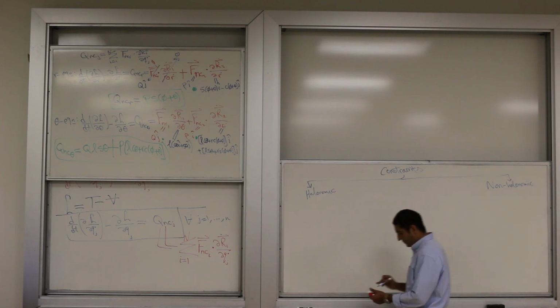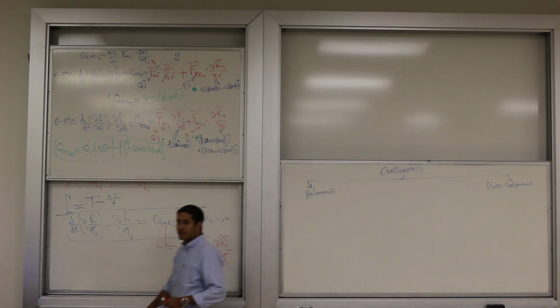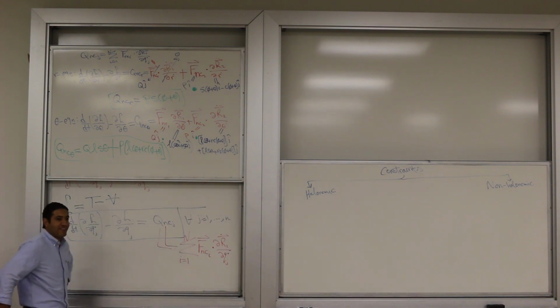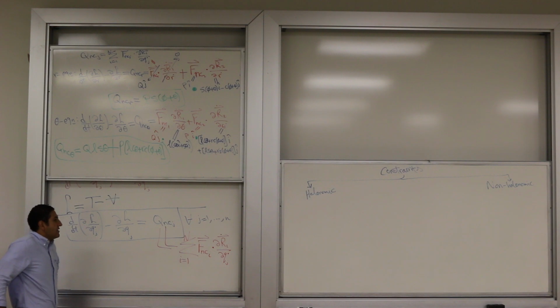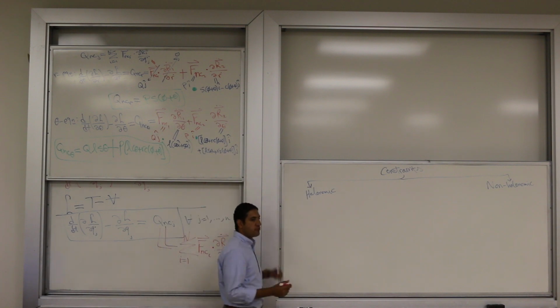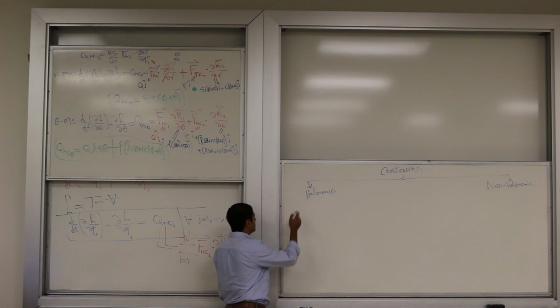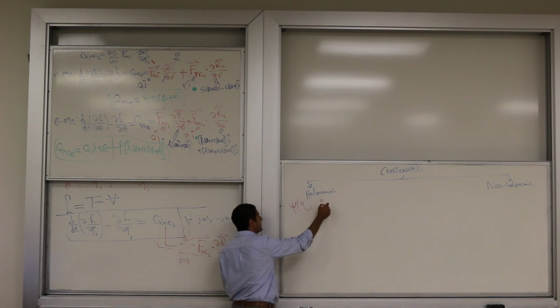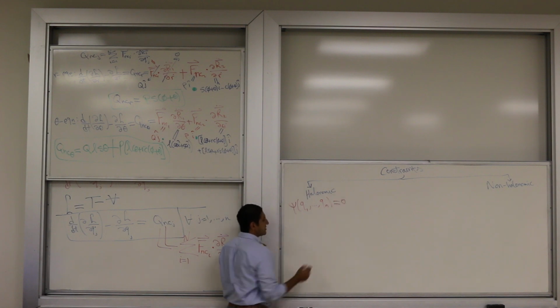A lot of funky words: monogenic, polygenic, holonomic, non-holonomic. So, holonomic constraints, meaning that there is an explicit relation between the Q's. So you have psi, some function of all the Q's, equal to 0, representing your constraint.